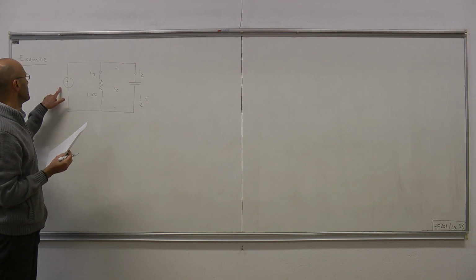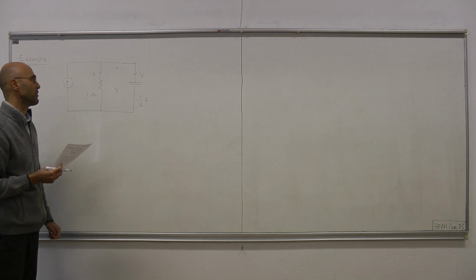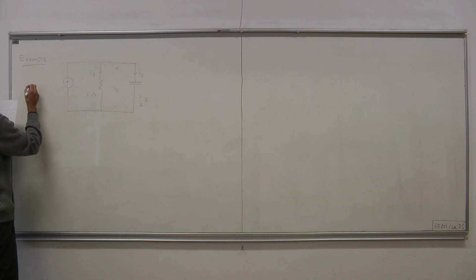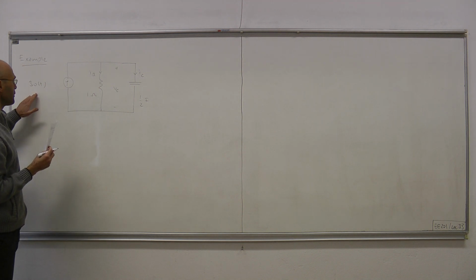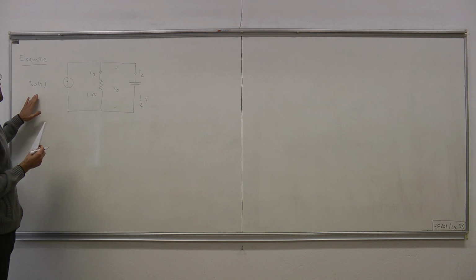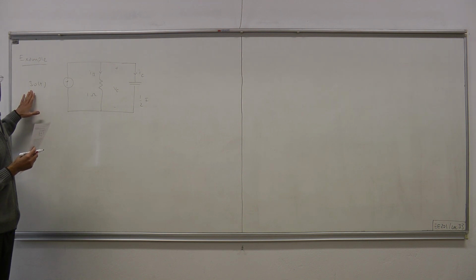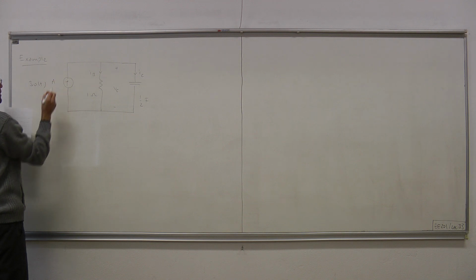And this, the current provided by the independent current source, is a special one. It's a step-like current realized by our unit step function. Its magnitude is 3. Okay, 3 u(t).